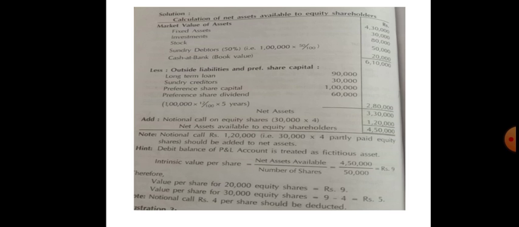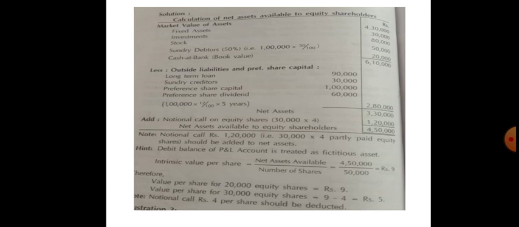Long term loan is 90,000, sundry creditors is 30,000, next preference share capital is rupees 1 lakh, and the preference share dividend, this 60,000. The total is rupees 2,80,000, and you have to subtract this from 6,10,000. The remaining amount is 3,30,000.